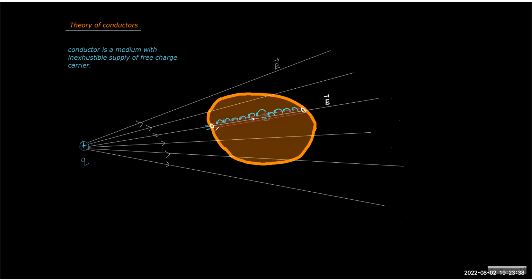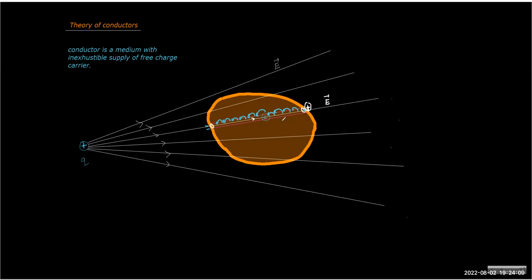When the electron eventually reaches the left end, every other point will still remain neutral except the last place, because here the electron will hop and here it will create a deficiency. So a deficiency of electron, how do we represent it? By positive charge. So positive is like a deficiency of electron and negative is like an excess of electron. Do you realize what I'm saying?